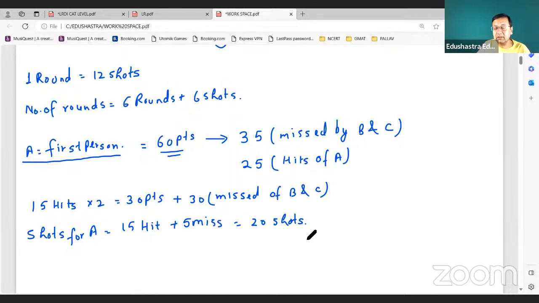This means there is no such person, right? I should get either 28 or 26, some such number.